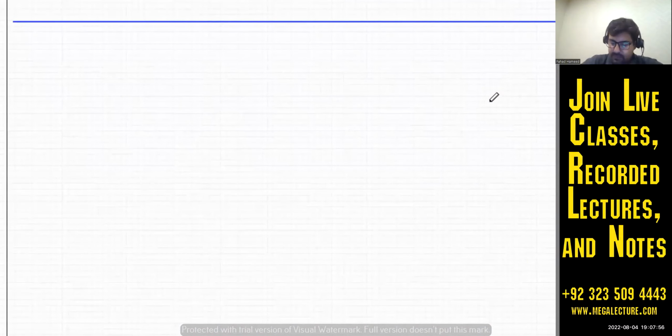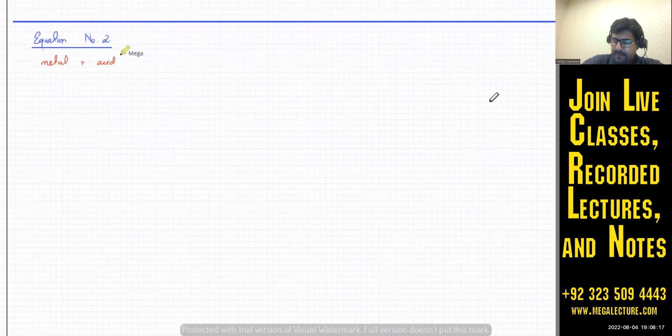So equation number 2, which is almost the same. Equation number 2 is when a metal reacts with an acid, it produces salt plus H2 gas.